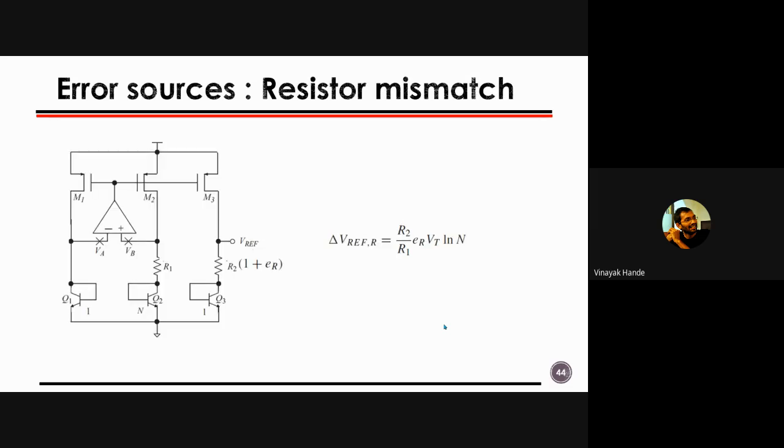And then there are a lot of error sources, but I have taken only a few. Another error source is that whatever value you have selected is not exactly the same as what you have in simulation, right? I have selected 11K and 1K, but the 11K which gets fabricated is different from whatever you have simulated, right?